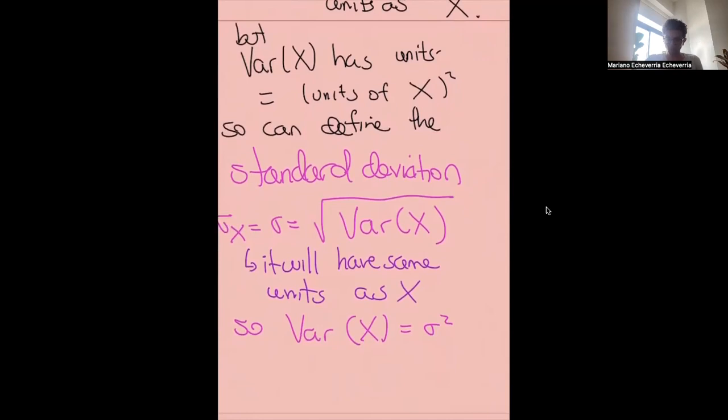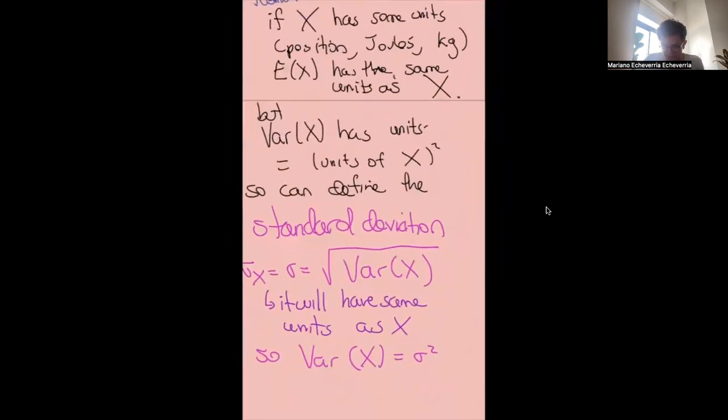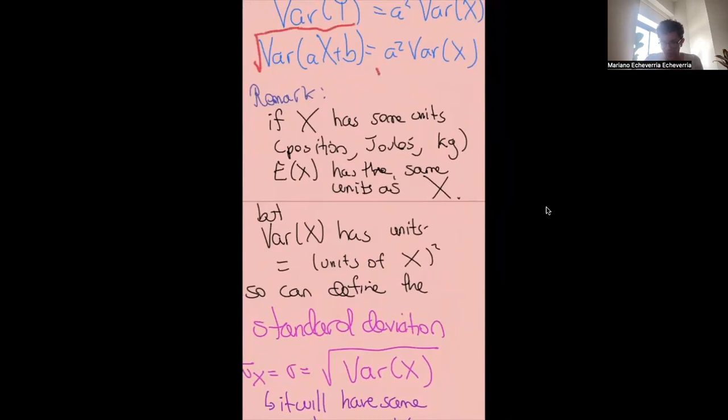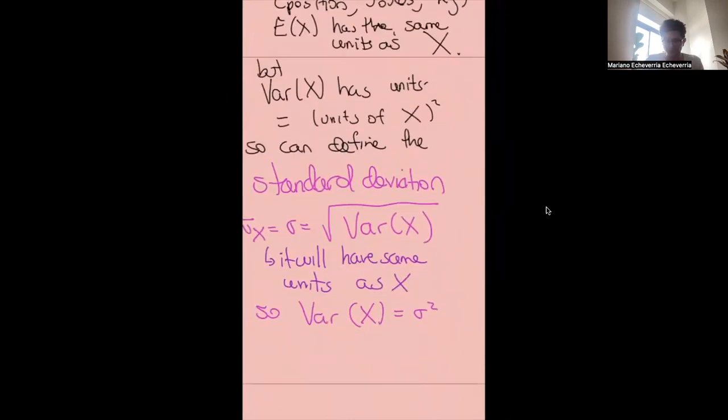Another nice property of the standard deviation is that if you take square roots here, you're taking the square root of a squared, so you just get the absolute value.